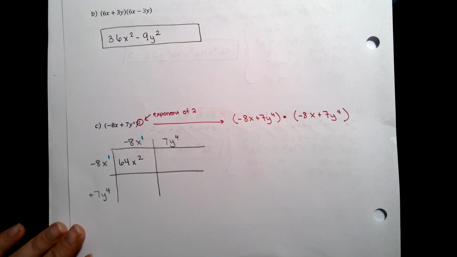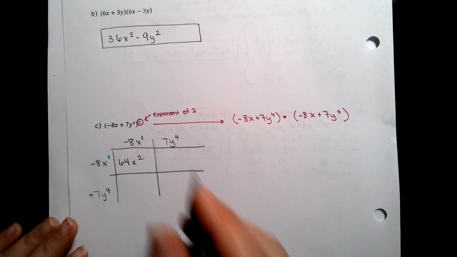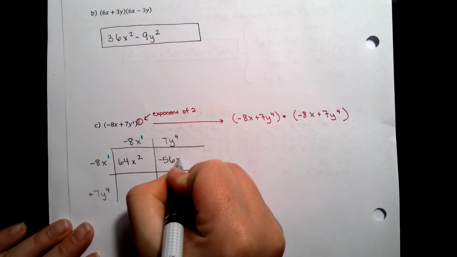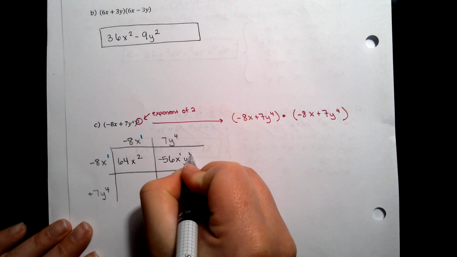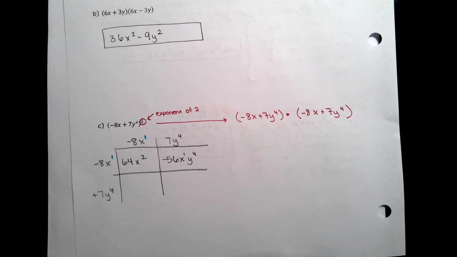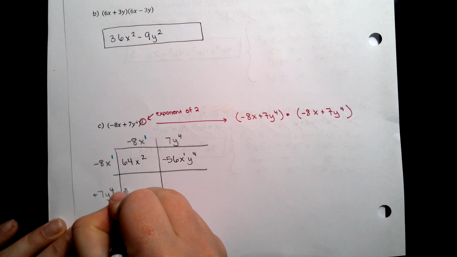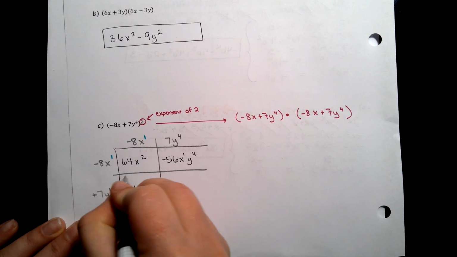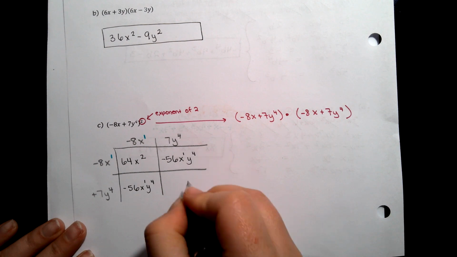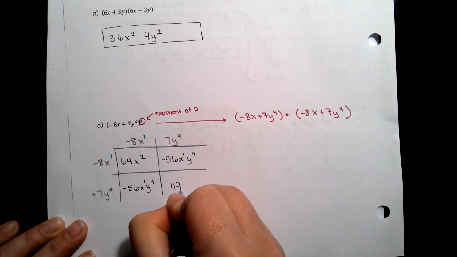So we have 7 times negative 8, which is a negative 56, which then means I have x to the first power, y to the fourth power. These are unlike things, so we're just going to write them next to each other. Again, I get a negative 56 here. I get x to the first power, y to the fourth power. 7 times 7, both positive, is 49.